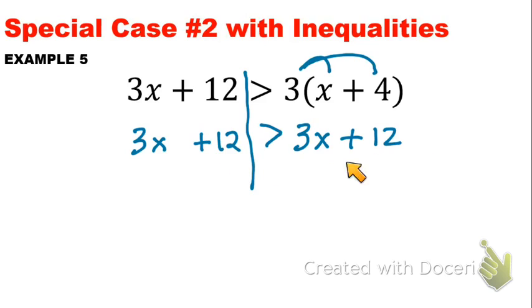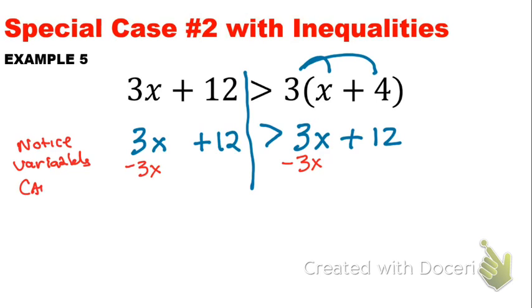Now I need you to notice something peculiar about this inequality. We'll proceed with canceling our variables. And again, what do you notice about the variables? They are going to cancel on both sides.